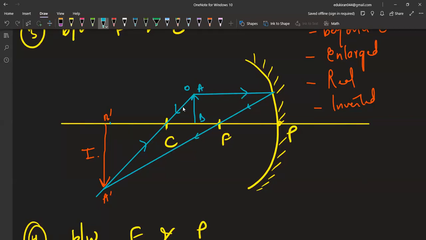Remember, whenever rays of light pass through the center of curvature, they retrace their path. So this is retracing its path like this. But in between, an intersection has occurred over here. At this point, when both of these rays coincide, you get an image. This is the image formed: inverted, real, enlarged, beyond the center of curvature. Is this clear now, Shaved?